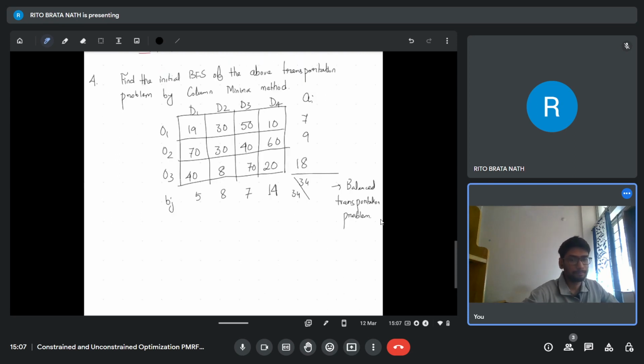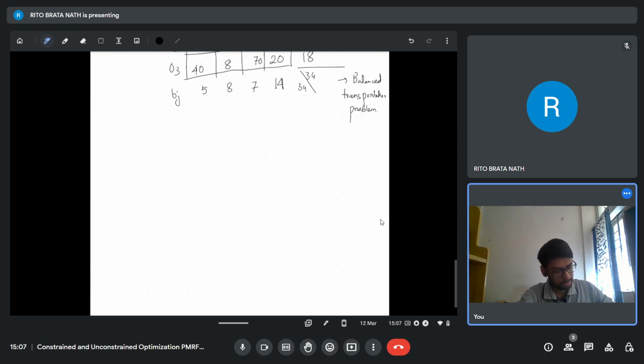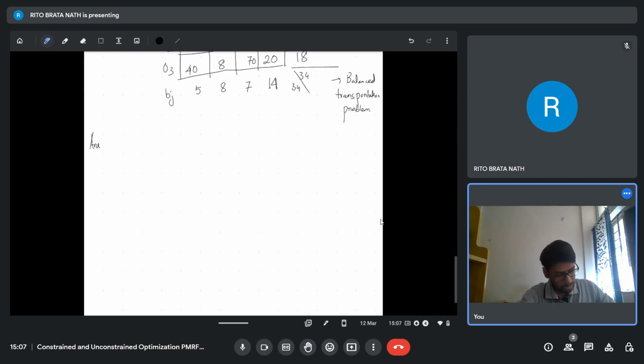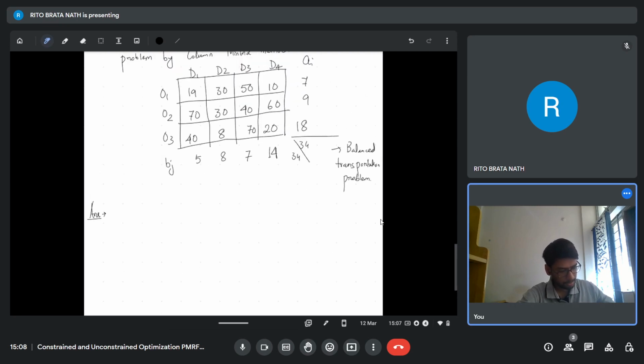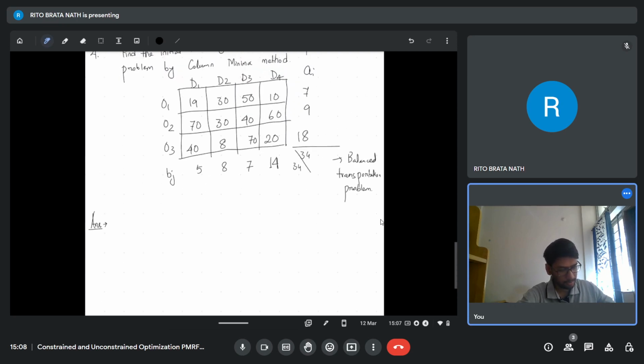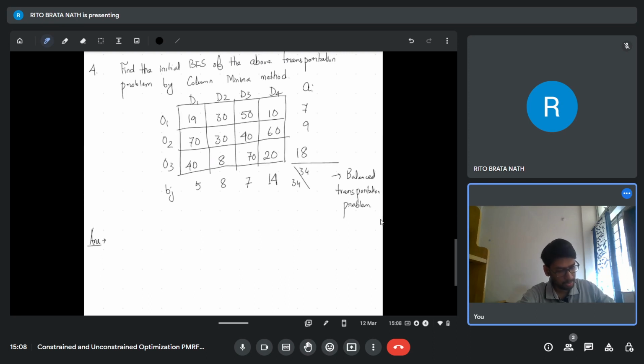Now, what you can do, you can solve it using the column minima method. So let me do that. Okay. So in the first step itself, let's do the allocation.